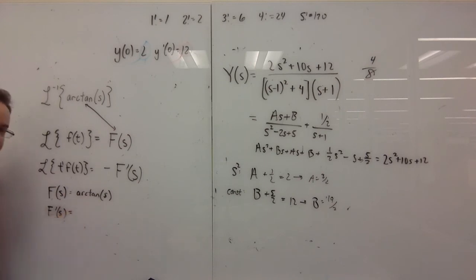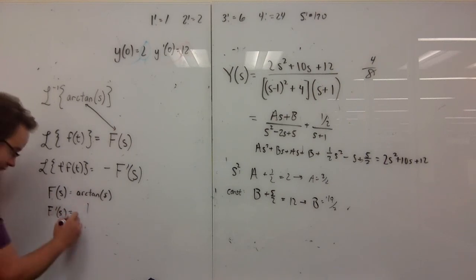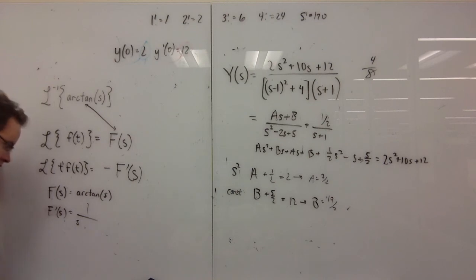What is F prime of S? It's 1 over S squared plus 1.